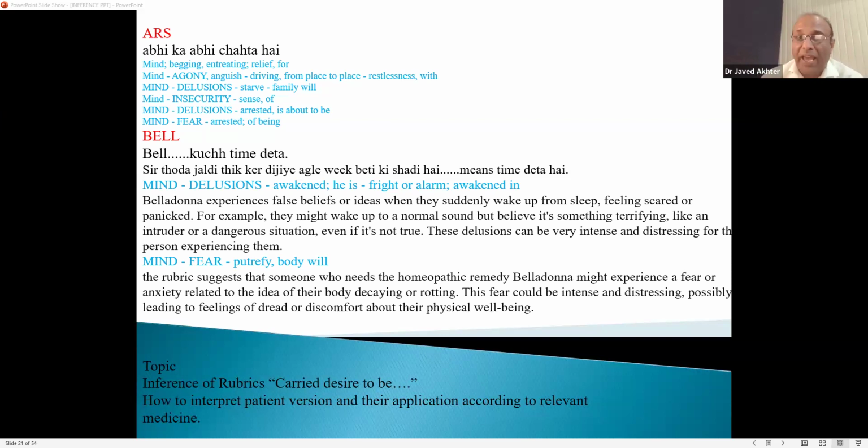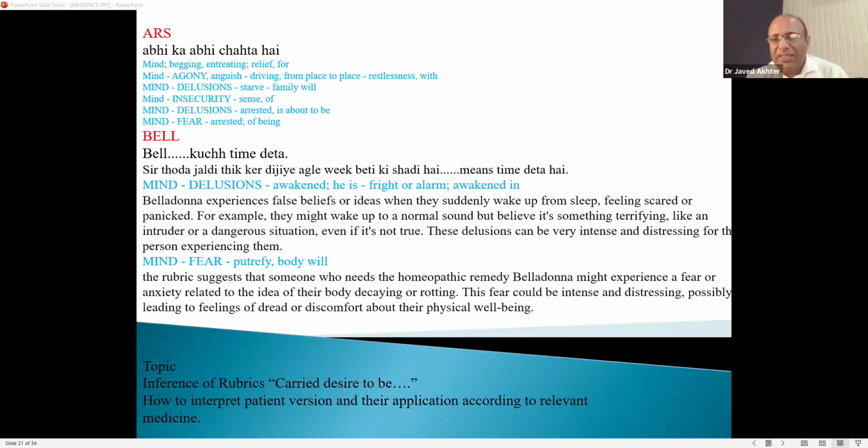The second one is the fear of the body petrifying, or decaying or rotting. These fears can be intense and distressing, possibly leading to dread or discomfort about their physical well-being.